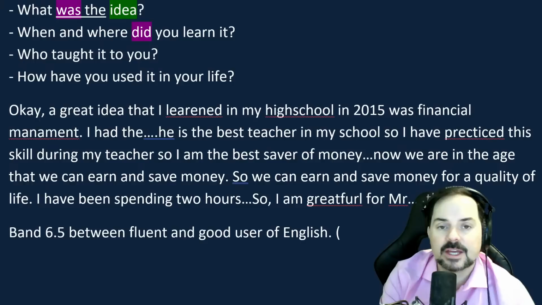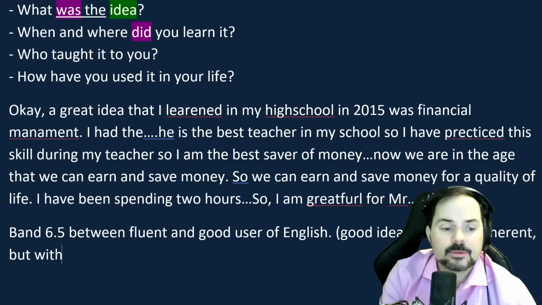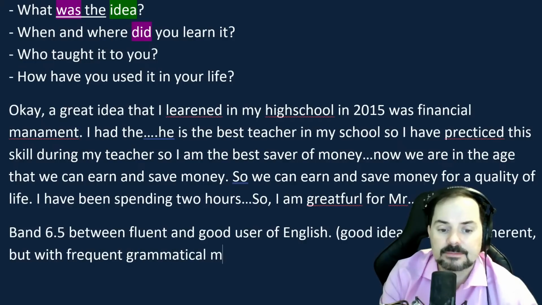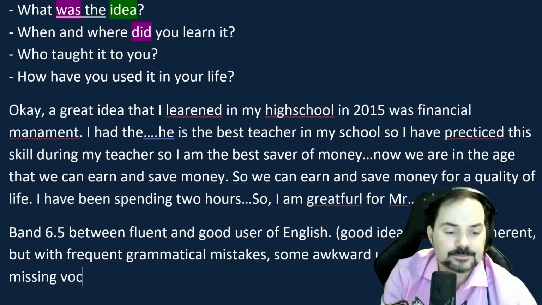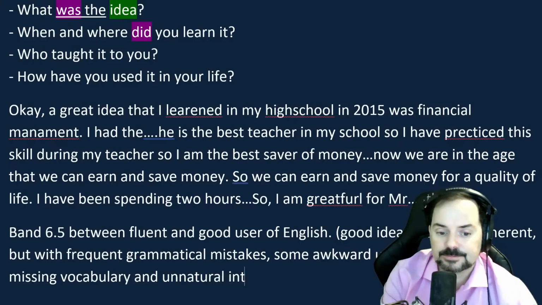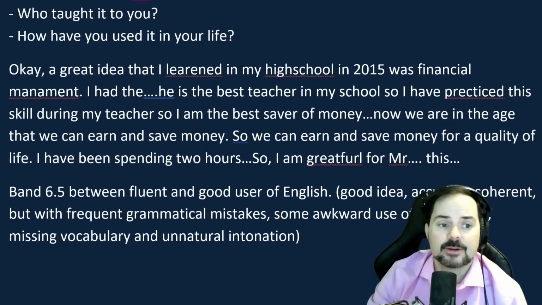So here the examiner is thinking, okay, good idea, accurate, coherent, but with frequent grammatical mistakes, some awkward use of vocabulary or missing vocabulary, and unnatural intonation. Okay? So that's where you're losing marks to get those higher band scores.